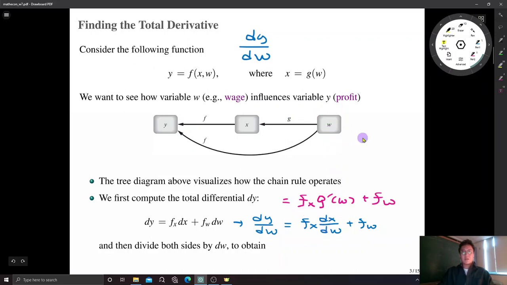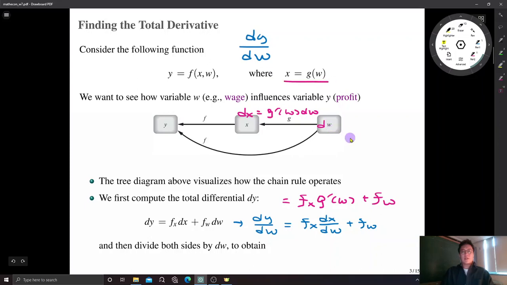Because now we consider a change in w, right? So w changes by as much as dw. Okay, and as I told you, change in w induces change in x, but this association is given by g, so dx is going to be g prime of w dw when w changes by dw, right?